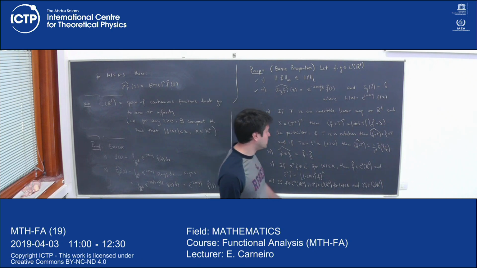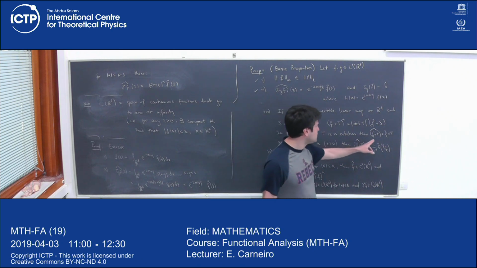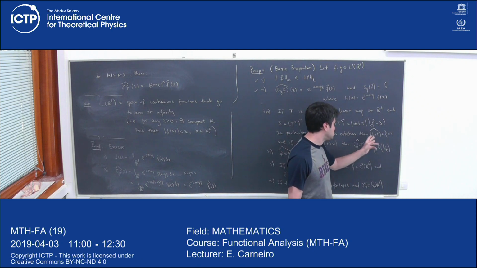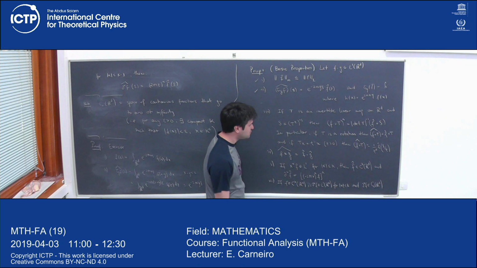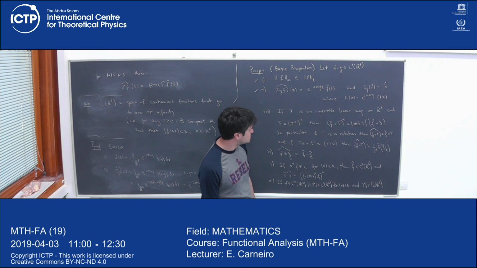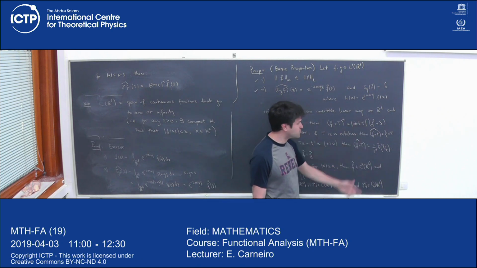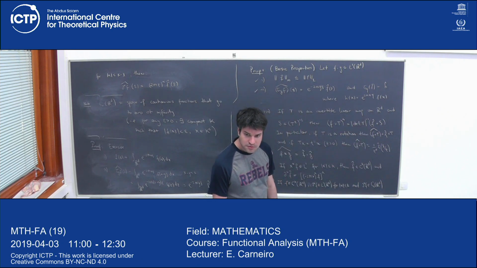Then if t is a rotation, f composed with the rotation hat is just like f composed with t. And if t is the dilation, it's exactly the same as the one before. The determinant of the rotation is plus or minus 1. Well, this is just the modulus of the determinant, right? It is plus or minus 1.